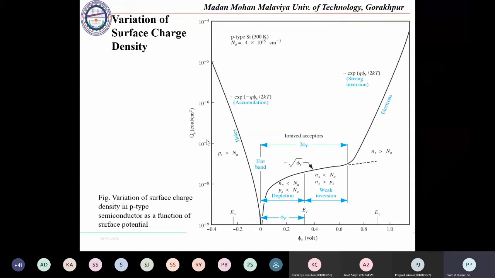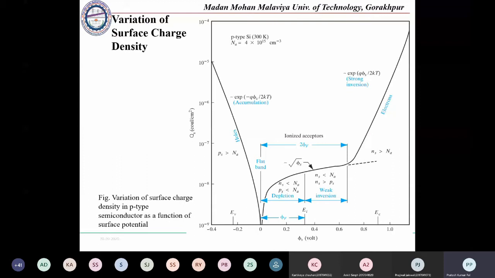In this plot, the x-axis is the surface potential, whatever phi of s we have applied, and this surface potential is nothing but the Fermi potential at the surface.